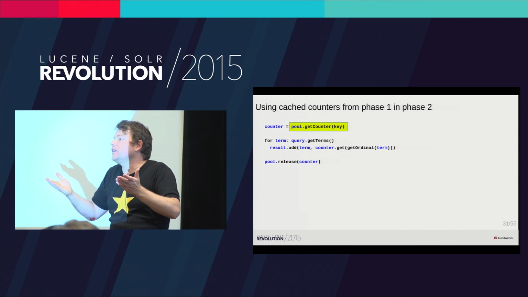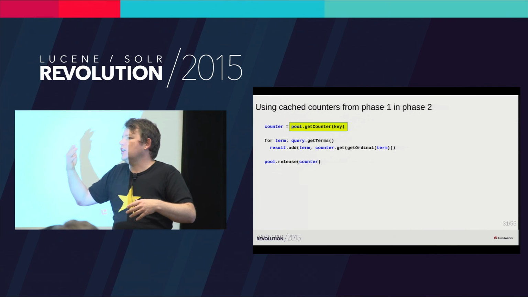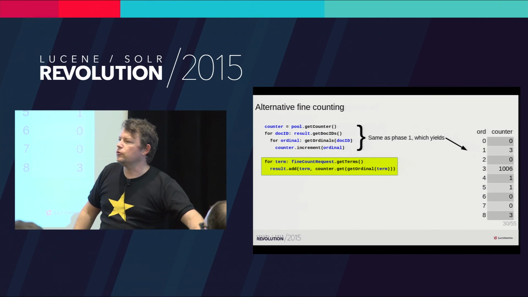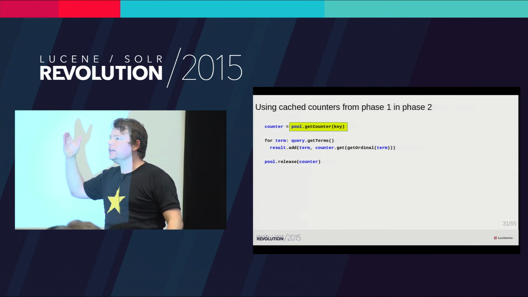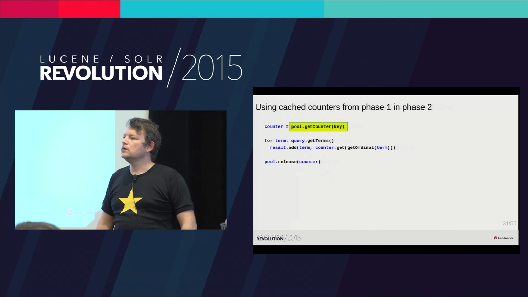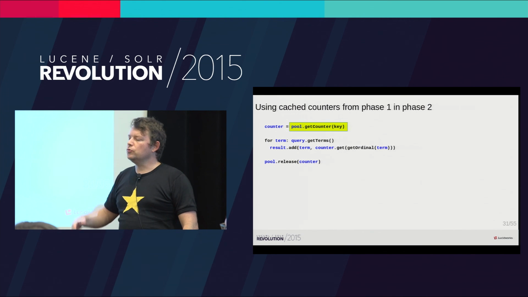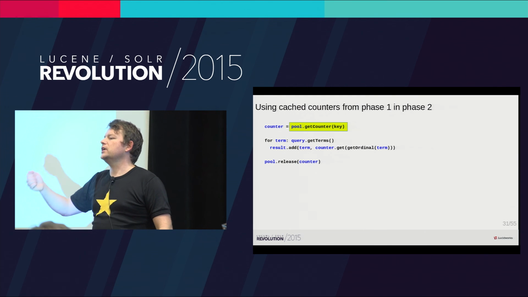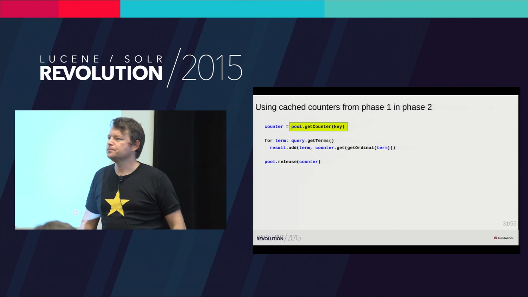Of course, it might be the case that it was flushed out from the pool or something like that. But then in that case, we just calculate it once again. But if we're lucky, we have it cached. So in case the previous phase had it in the pool. When we do a two-phase faceting, we actually know that we're in the first phase, so we know that we should save the counter for the second phase.